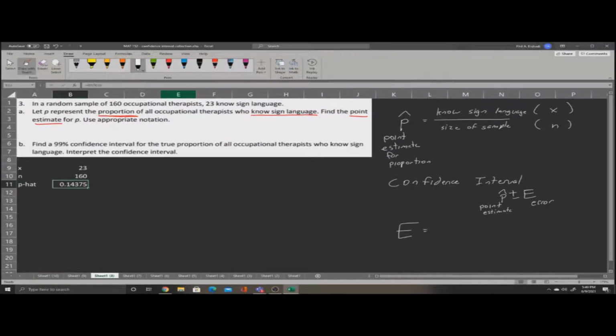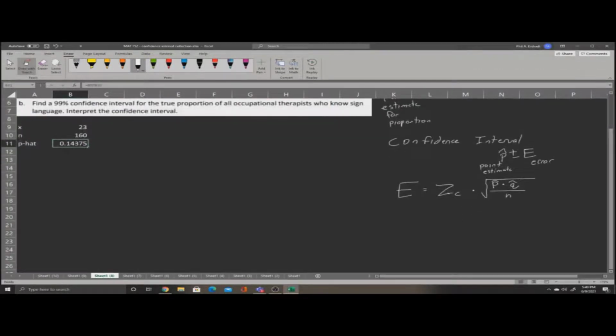Our error is going to be a number called Z critical, or ZC, times square root of P hat times Q hat divided by N. We'll need to go over how to get all of these figures. First, we know that N is the size of the sample.